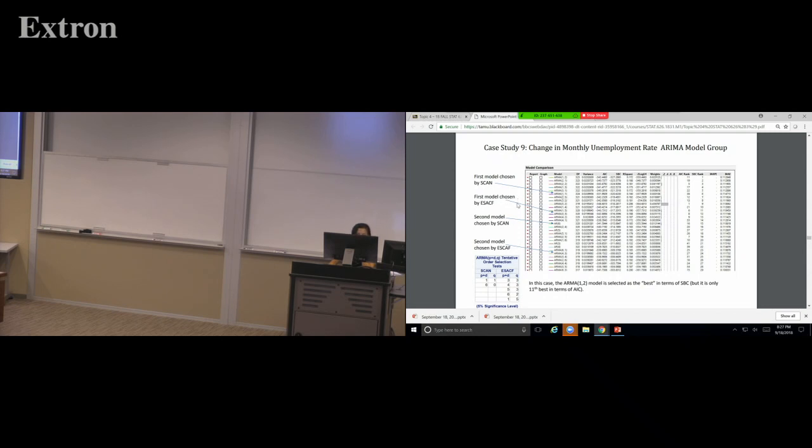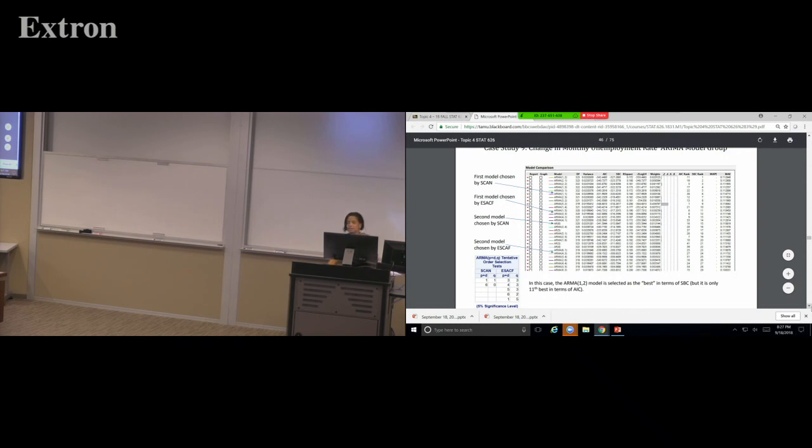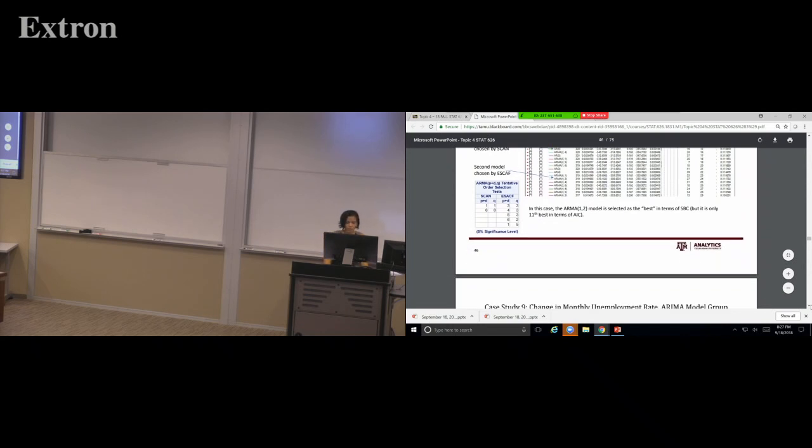The first model chosen by extended sample autocorrelation function, which was this ARMA 3,3, has a rank of 12, okay? And further on. All right, so you can further investigate how SCAN and extended sample autocorrelation compare to SBC ranks or AIC ranks, if that's what you're using.